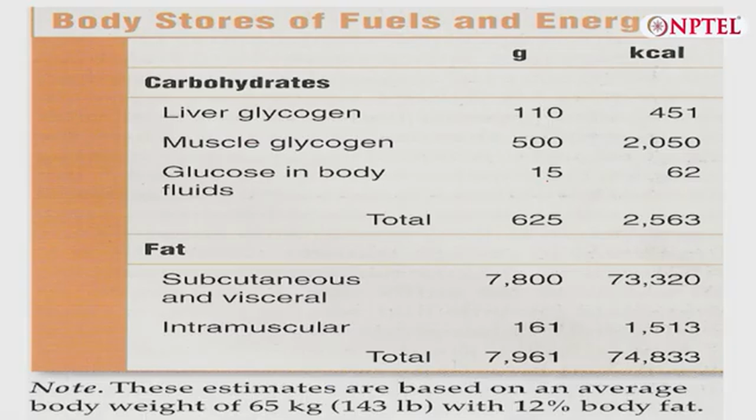So you can see fat can produce more ATP, definitely yes. Palmitic acid gives more than 120 ATP molecules when it breaks down. The storehouse for fat is around 8 kg, 7,800 grams, which is close to 8 kg, and intramuscular fat is 161 gram.